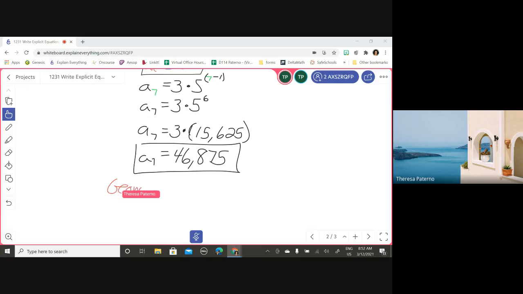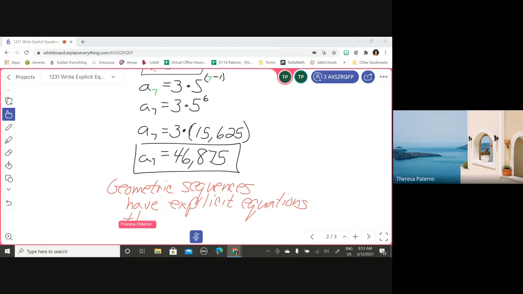A couple of side notes I want to point out. Put this in your notes, please: geometric sequences have explicit equations that are exponential. Let's look at this explicit equation.